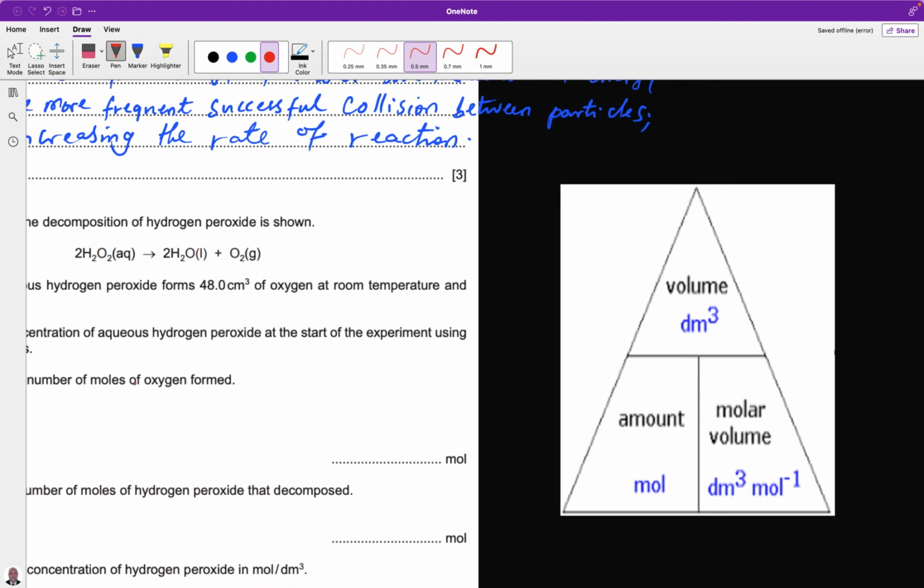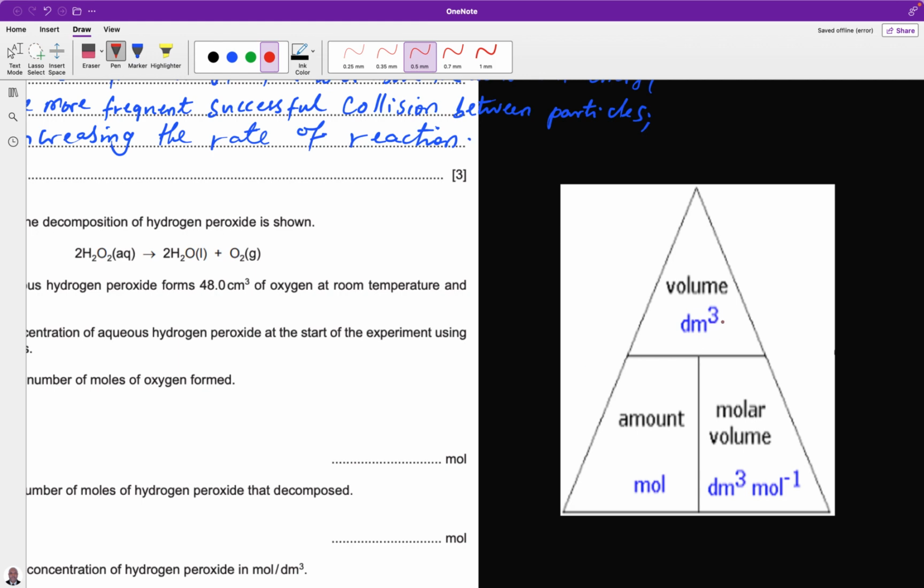Look at this triangle. When we are dealing with the molar volume of a gas, the number of moles is equal to what? It is equal to the volume in dm cube divided by the molar volume, which is 24 dm cube.